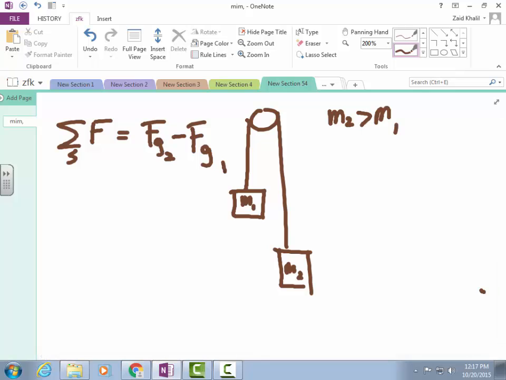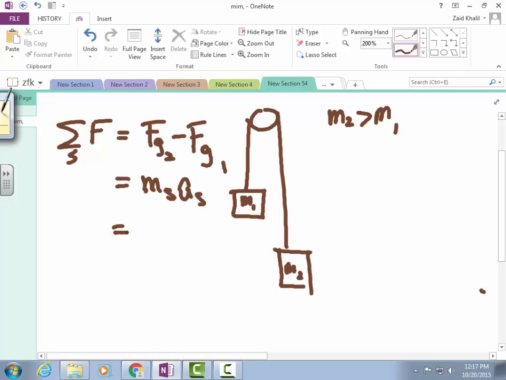Therefore, it's equal to the mass of the system times the... That's right. What's the mass of the system, though? That's right. And so here you have Fg2 minus Fg1. What is this equal to?